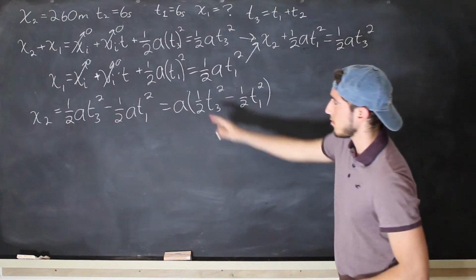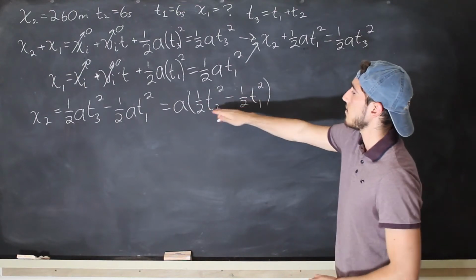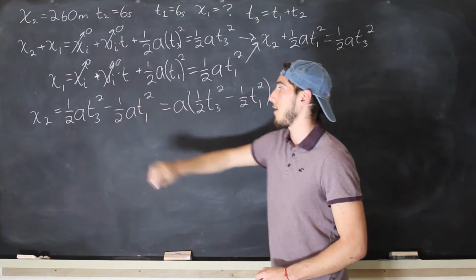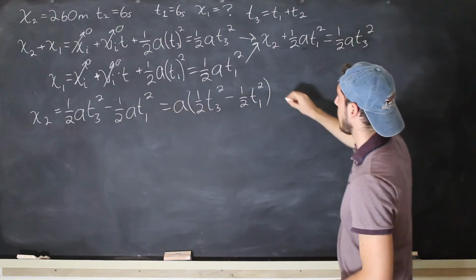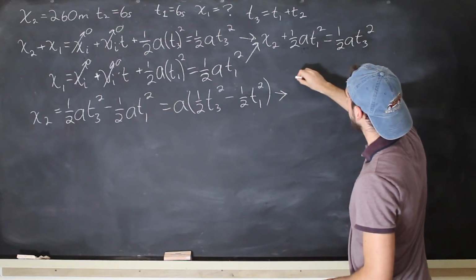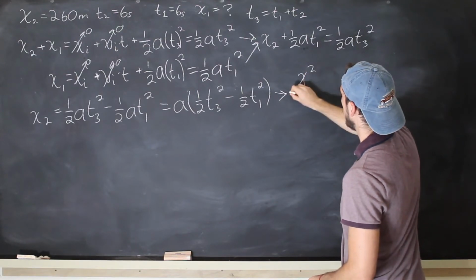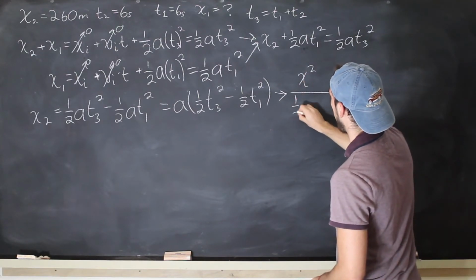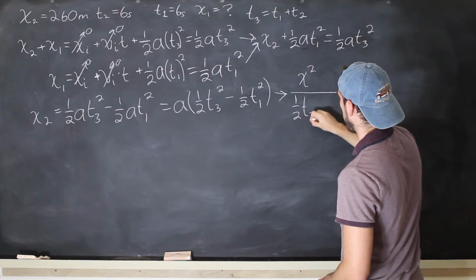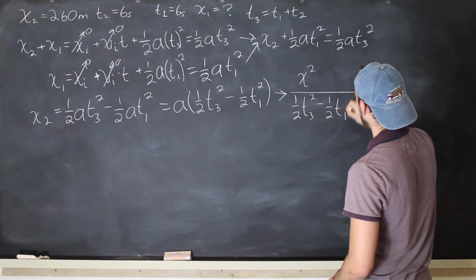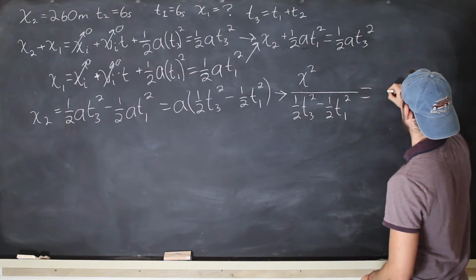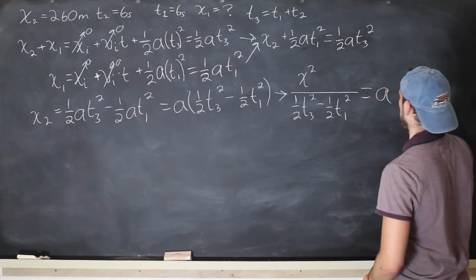And then in order to solve for a, we're going to divide x2 by this entire part. So x2 over 1/2 time 3 squared minus 1/2 time 1 squared is equal to the acceleration.